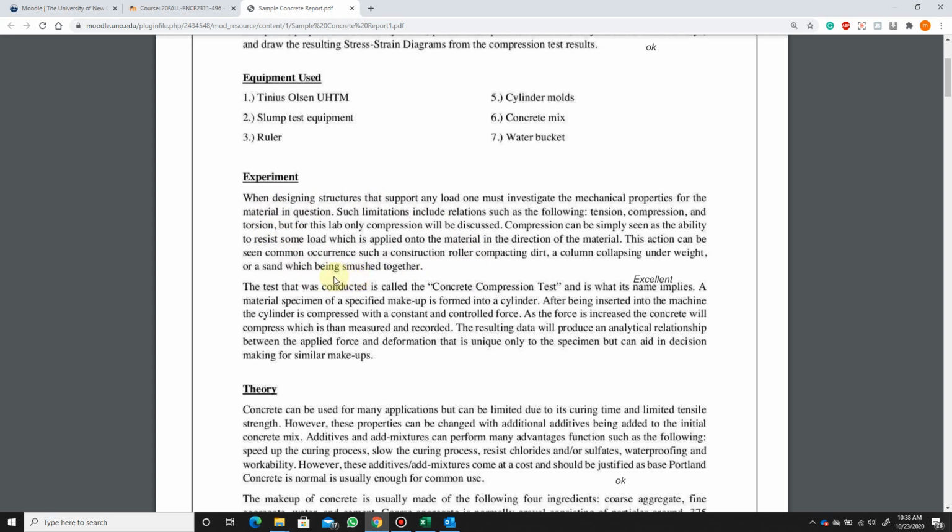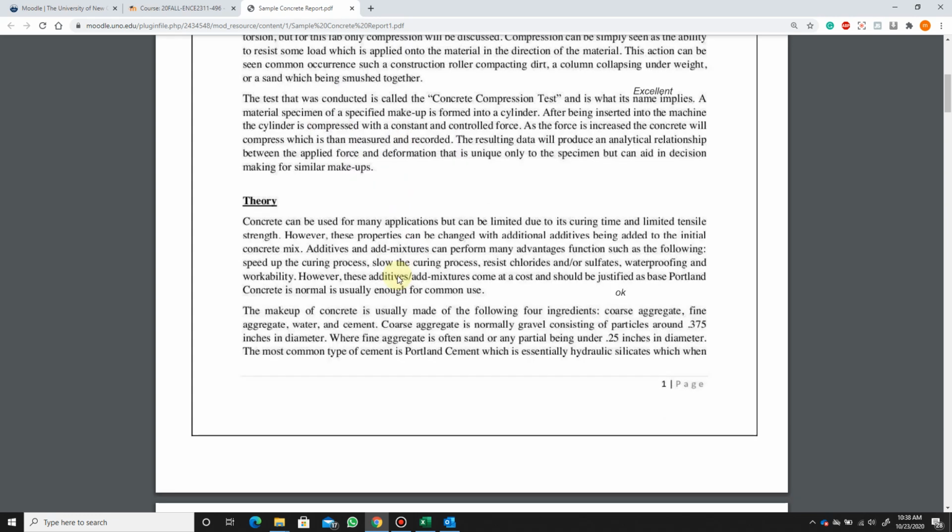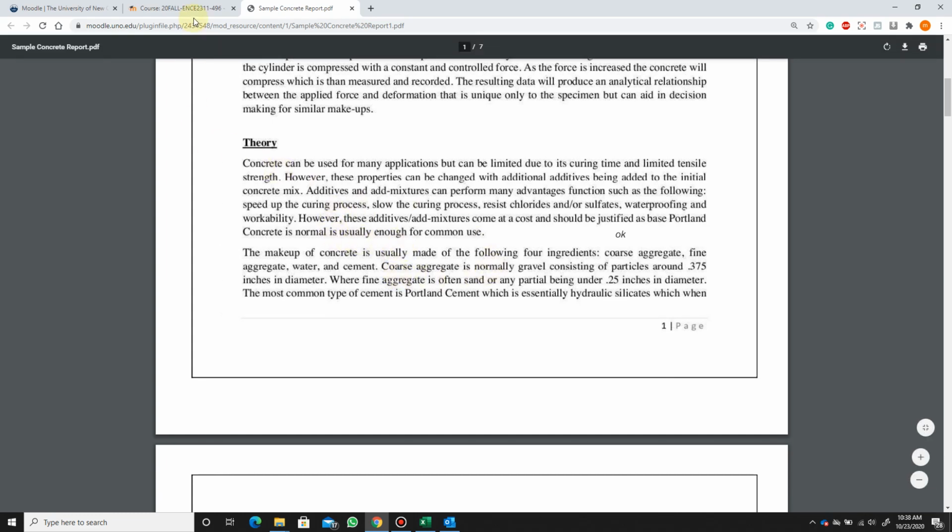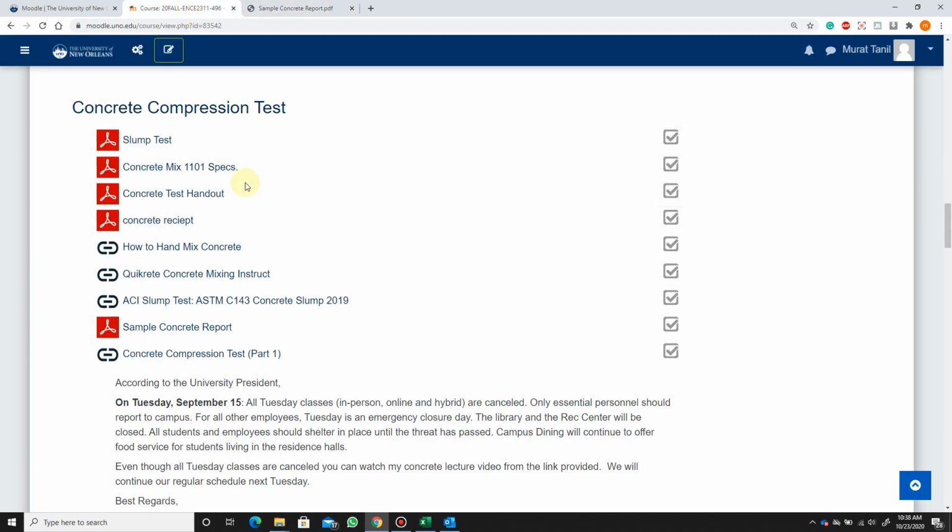You can look at the experiment, how we prepare the concrete batch and how we perform our concrete compression test at 7 days and 28 days. And the theory section is already given. If you look at the concrete compression test section, you should be able to see the theory, or you can watch the previous videos.